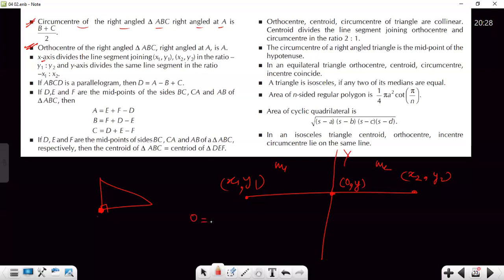So 0 is equal to (m1 x2 plus m2 x1) divided by (m1 plus m2). Cross multiplying, 0 equals m1 x2 plus m2 x1. Let's bring m1 x2 to the left hand side. Now we have to find m1 is to m2, so let's bring m2 to the right. Let's bring the minus x2 on the right hand side. Okay, let's do it on the next page.